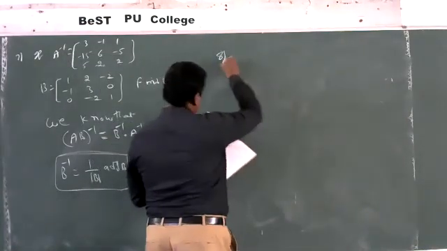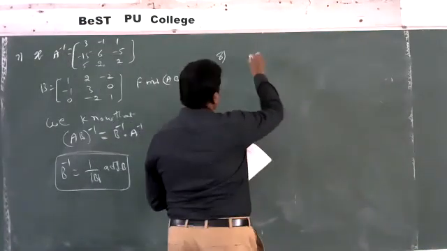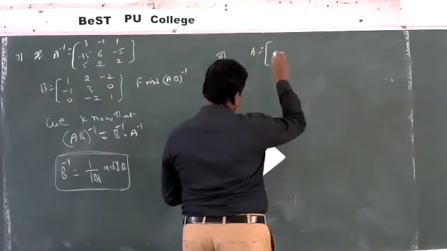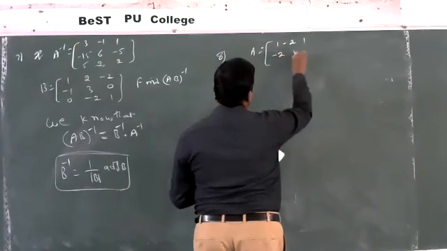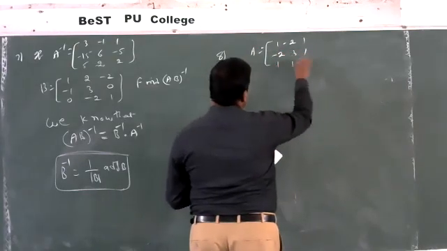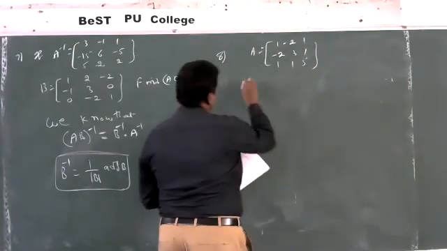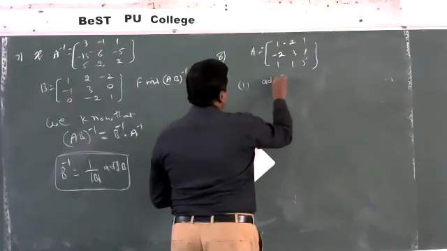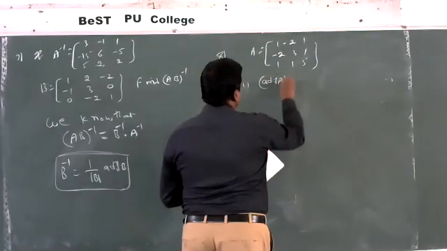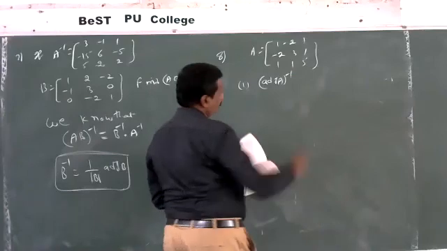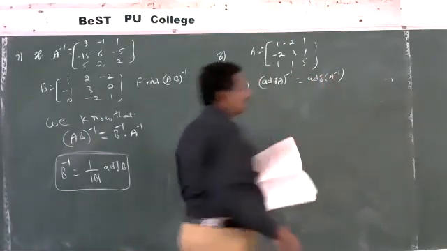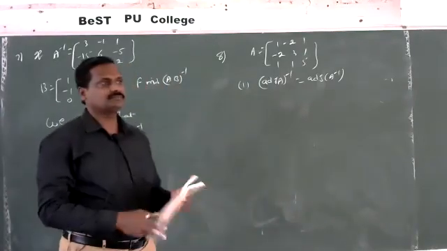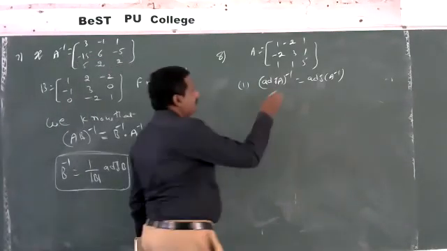Eighth problem is also the same model. Here A is given: 1, minus 2, 1, minus 2, 3, 1, 1, 1, 5. Here we have to show that adjoint A whole inverse equals adjoint of A inverse. First find A inverse.